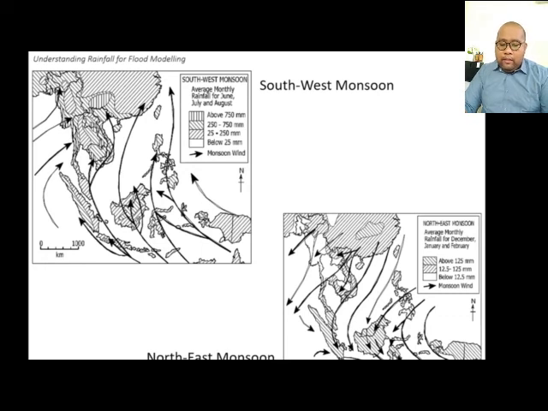So we Malaysia, we face two monsoon. The first monsoon is a southwest monsoon, and then the second monsoon is a northeast monsoon.